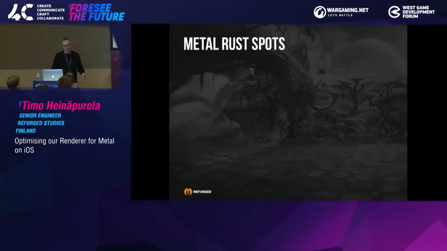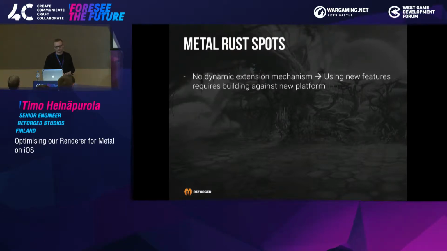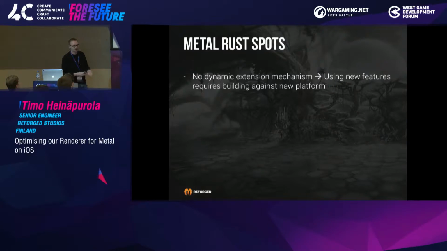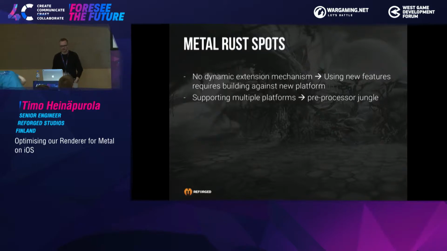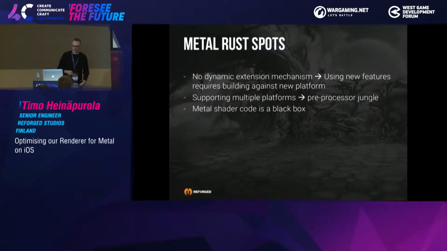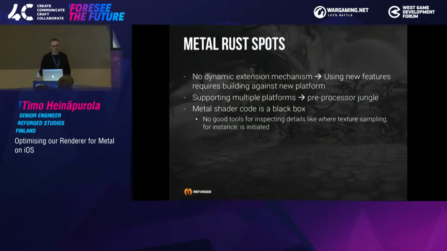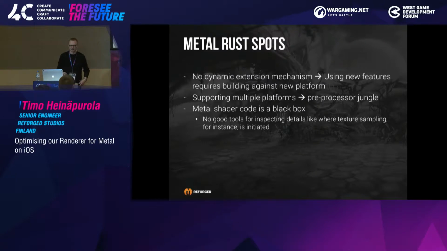So Metal is not perfect. It has some rust spots. There's no dynamic extension mechanism, so using new features actually requires building against a new version of the platform. Supporting multiple platforms generally tends to become a preprocessor jungle because of all the different variations. Metal shader code is also a black box, so it's not possible to create tools that allow you to analyze that generated shader code in more detail.